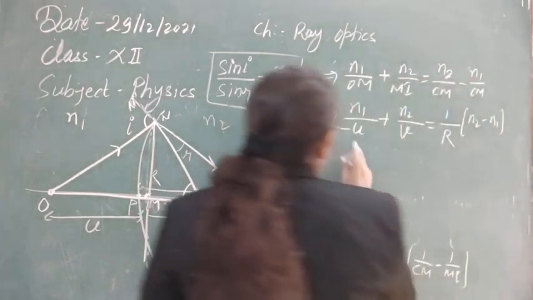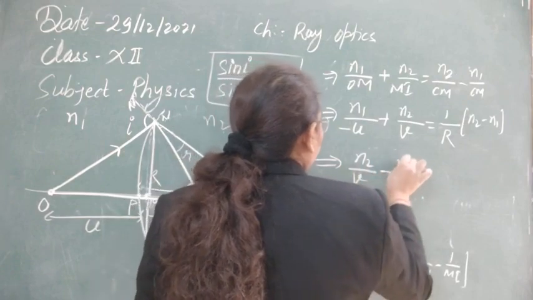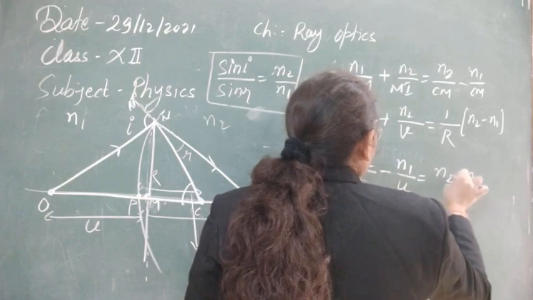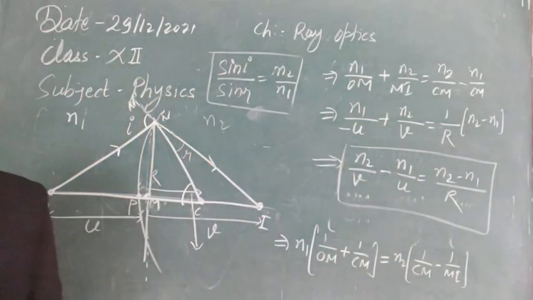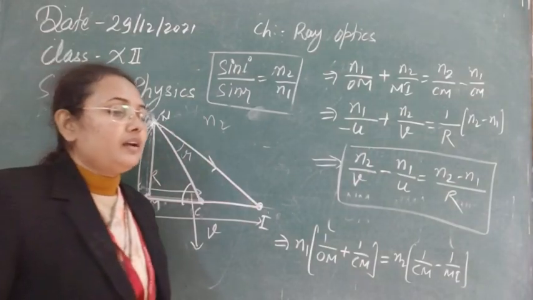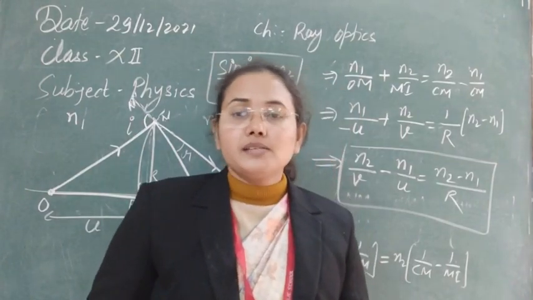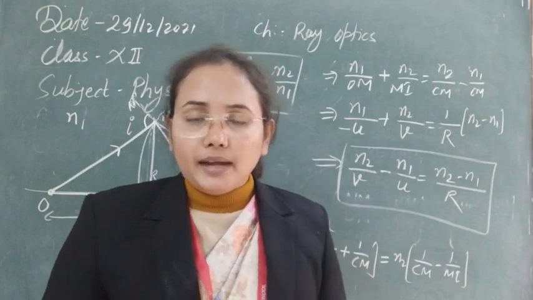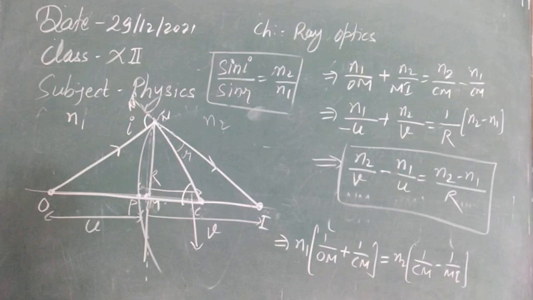Now we can rearrange this equation: N2 upon V minus N1 upon U is equal to N2 minus N1 upon R. This formula is used to find the refraction at a spherical surface, or the distance of the image whenever a point object is kept exactly on the principal axis in front of any spherical surface.